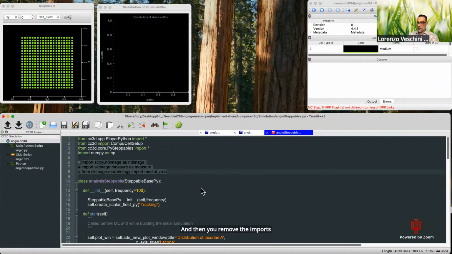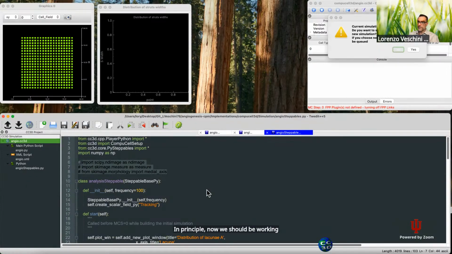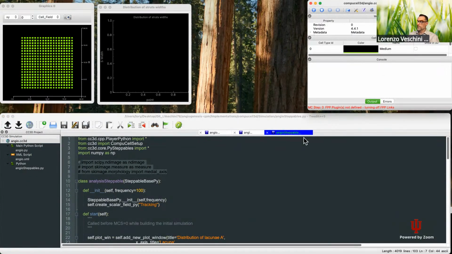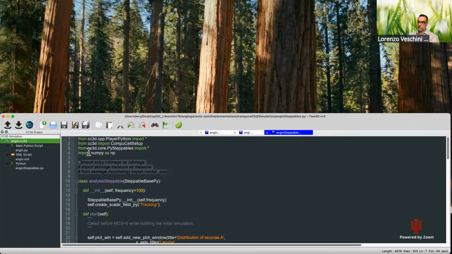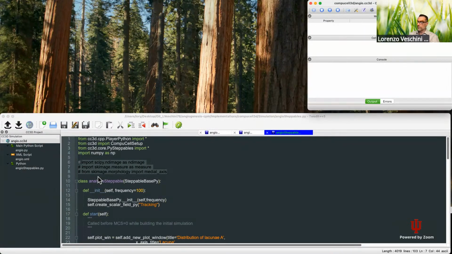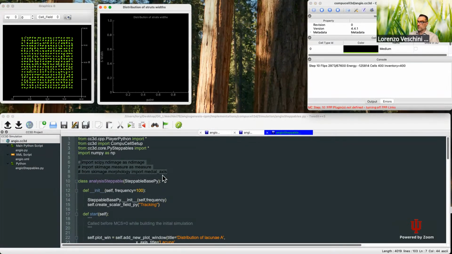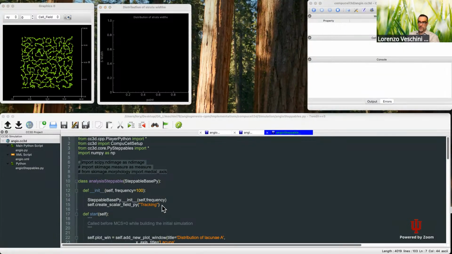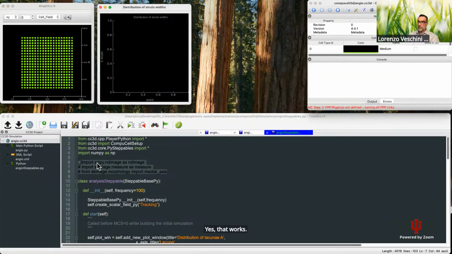In principle, now it should be working. Yes, now it works. Okay, so if that was blocking your example, that is the fix.